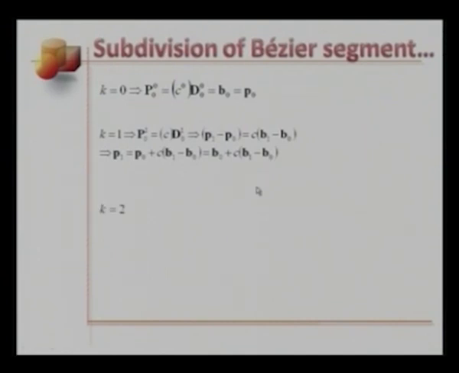For k equals 2, we have p sub 0 super 2 equals c squared d sub 0 super 2. This would mean that p2 minus 2p1 plus p0 is equal to c squared times b2 minus 2b1 plus b0.